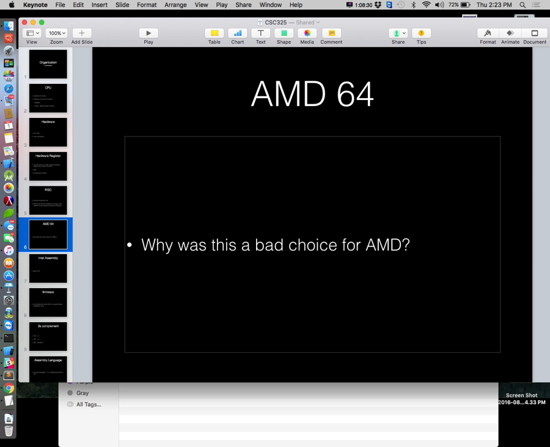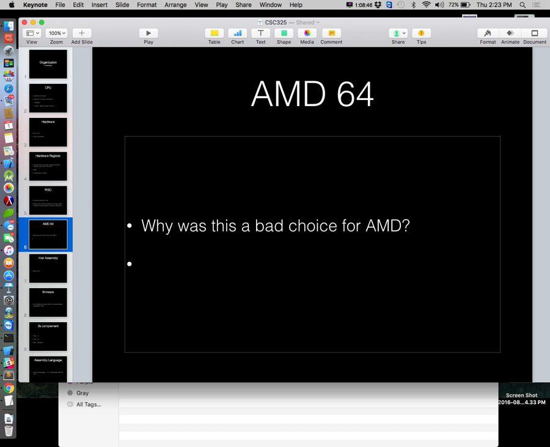Okay. So they released a 64-bit processor. Now the idea was 64-bit software wasn't necessarily readily available, right? So they kind of had to make it work two ways. So this guy was backwards compatible with translation for 32-bit.